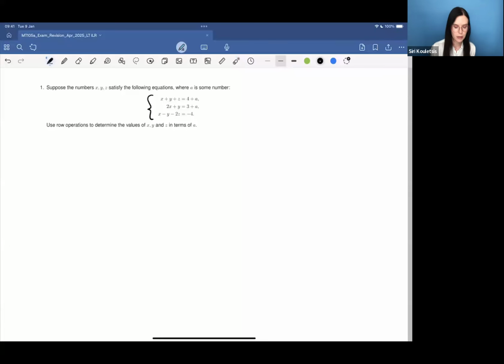But since we're doing revision, let's remind ourselves of what this system looks like written in matrix form. And then we will write down the augmented matrix shortly after. So we're going to have a 3 by 3 coefficient matrix here. Then we have a vector of unknowns.